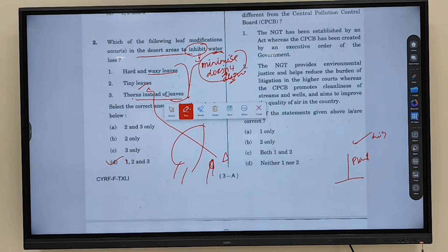Clear? In the tropics, which climatic condition is characterized by seasonal reversal of wind? Tropical savanna or tropical equatorial?